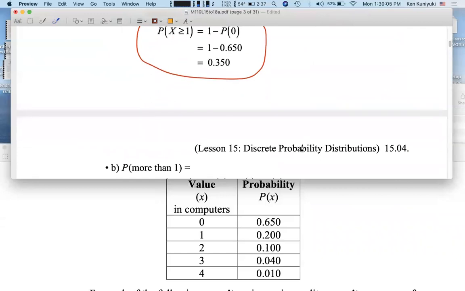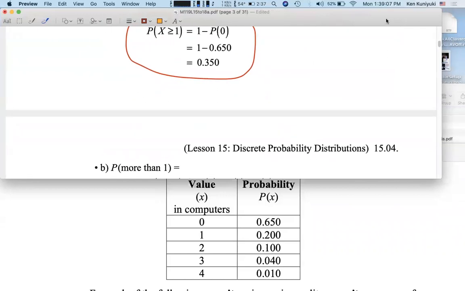On B, the probability of more than one computer needing repair. Does more than one include one or exclude one? It excludes one. More than one excludes one. And then do we go higher or lower? We go higher, greater than one.